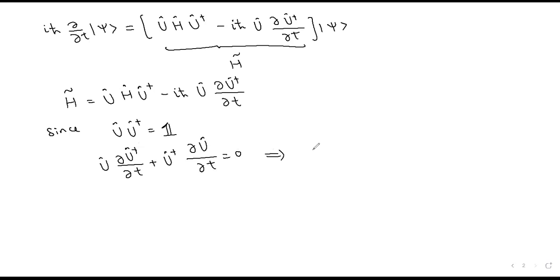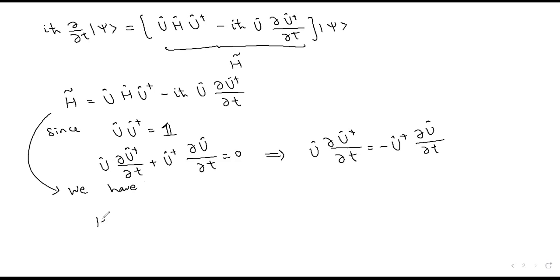Which means that U partial U dagger over partial t equals minus partial U over partial t U dagger, and let me call this equation A.